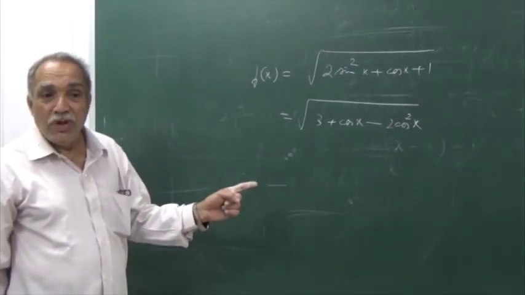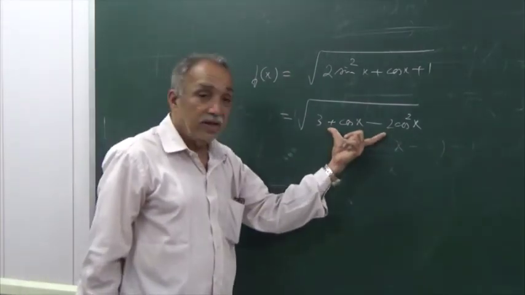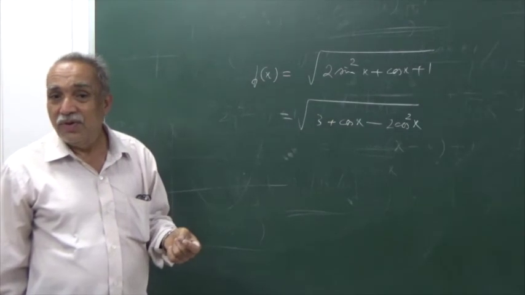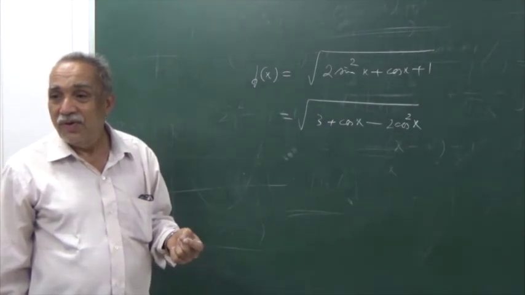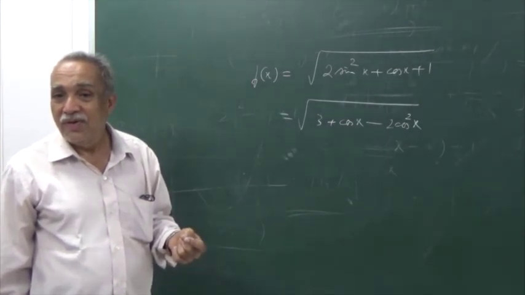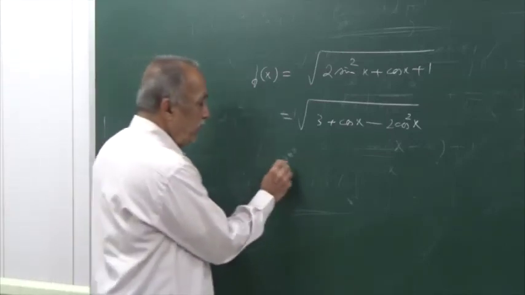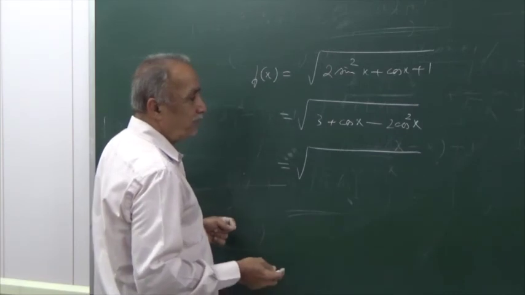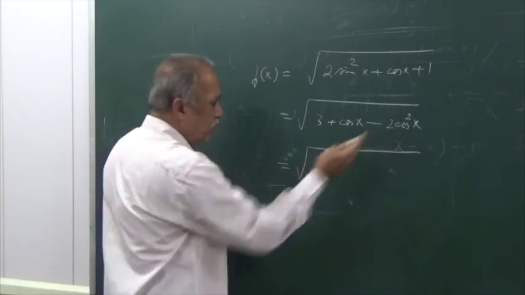Now, to know when this expression is non-negative, greater than or equal to 0, one approach may be to apply the method of completing squares. First, I will make this coefficient 1.